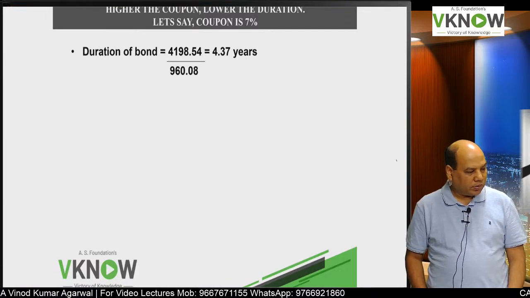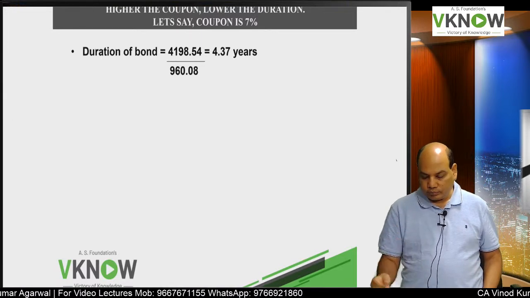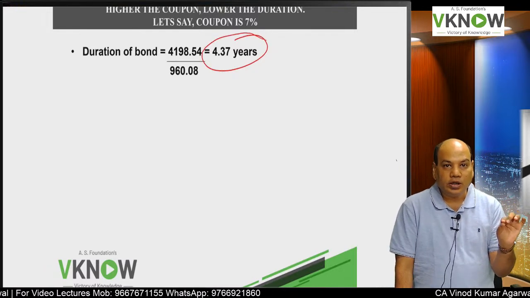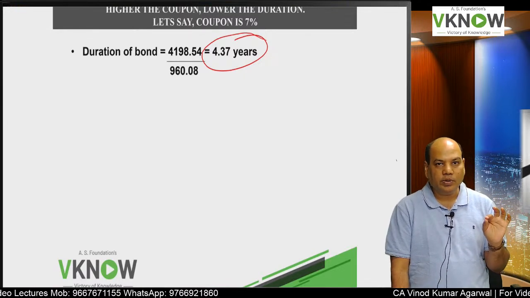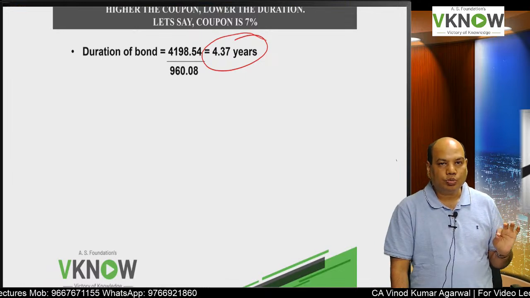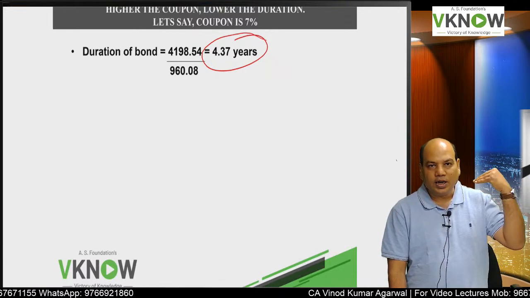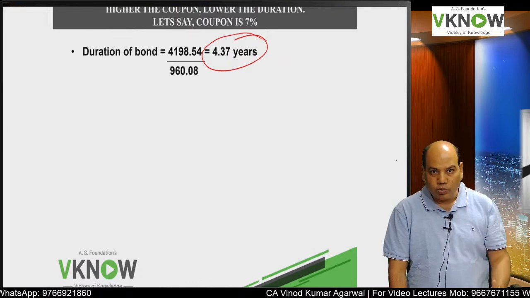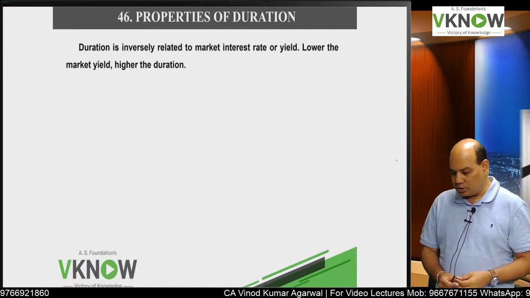Is it 4.37 years? Now you see, this 4.37 years is lower than the answer you got in question number 42. The reason being, this time the coupon rate is higher than the coupon rate of question 42. So I have again proved: higher the coupon rate, lower the duration.